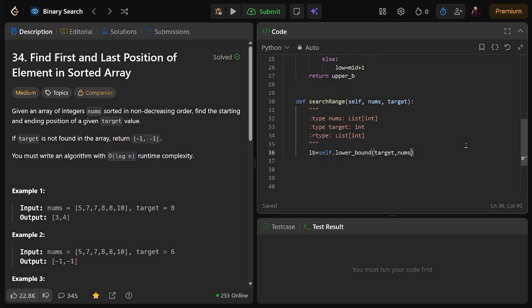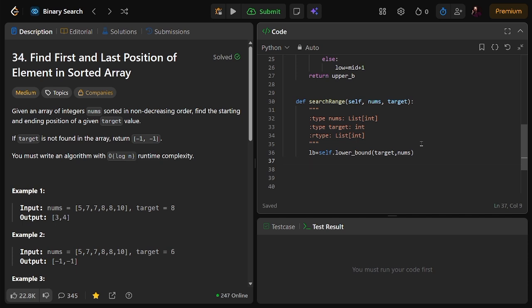And if we don't get the lower bound, do you think we have to search for upper bound? No, right? If we don't get lower bound, it is obvious that upper bound is also not going to be present in our nums. So why would we waste our time?